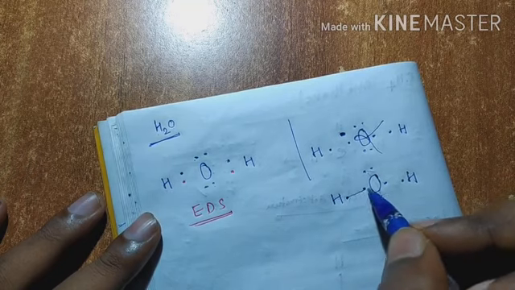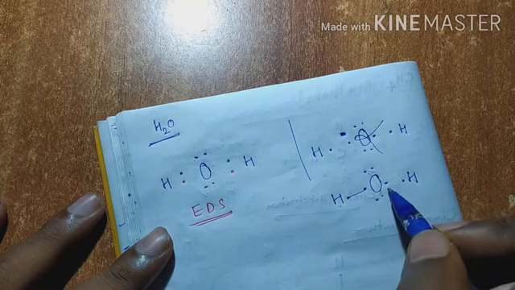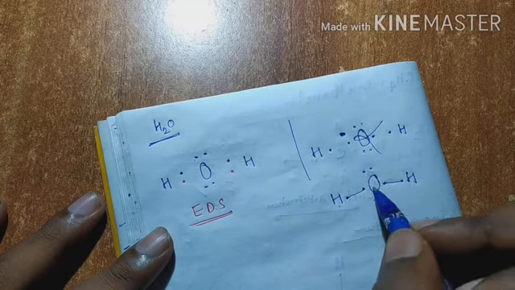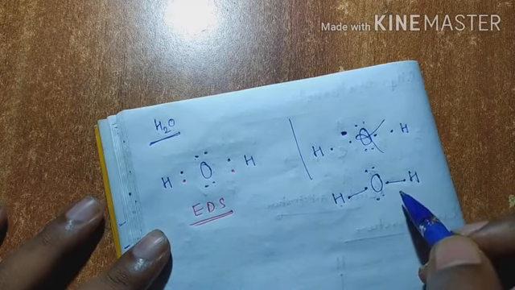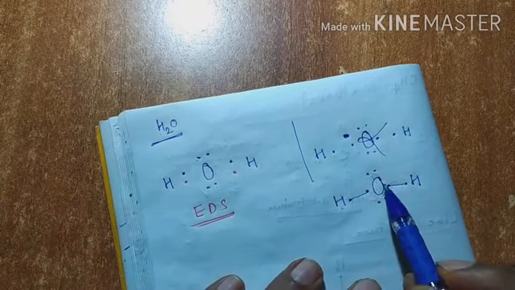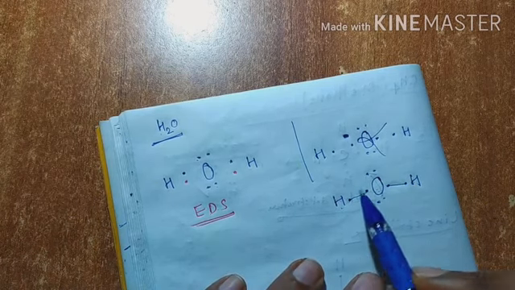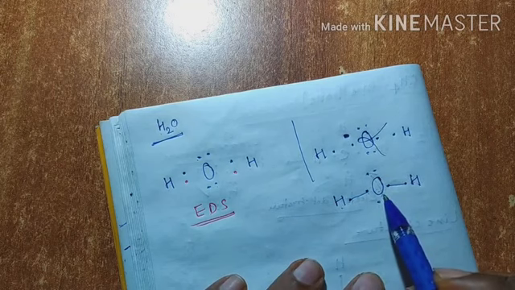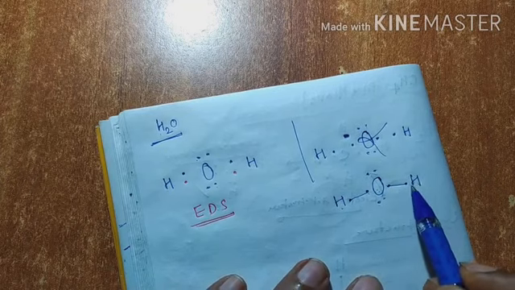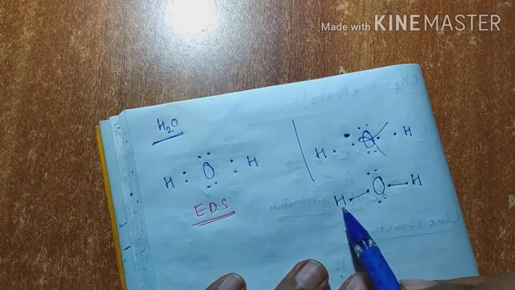So one single bond will be formed between hydrogen and oxygen. This is again a single bond between oxygen and hydrogen. So no need to show these 2 electrons. You count the octet, whether this atom is stable or not. 1, 2, 3, 4, 5, 6, 7, 8. This is stable. It means it is correct. The same for this hydrogen: 1, 2, stable. This atom became stable.